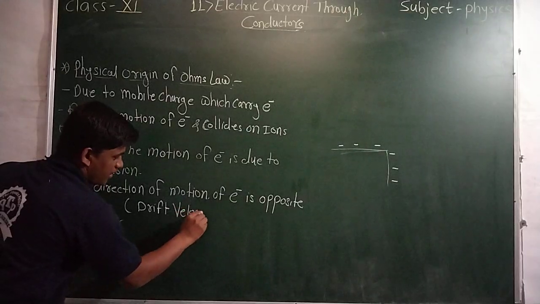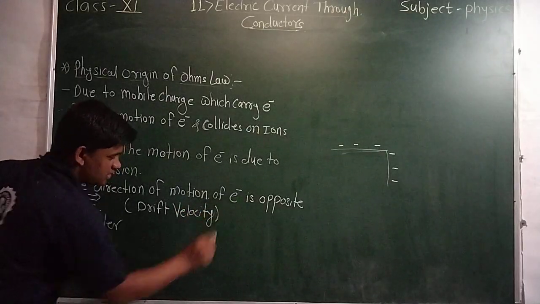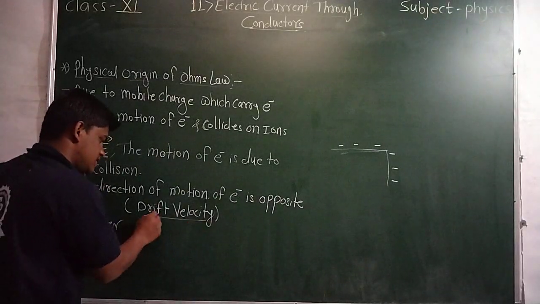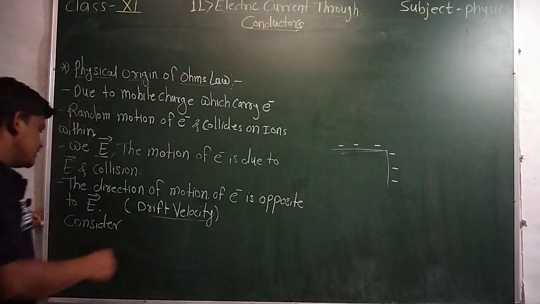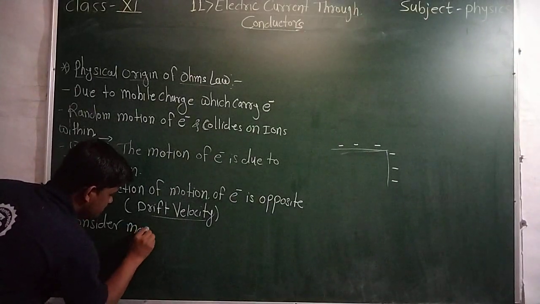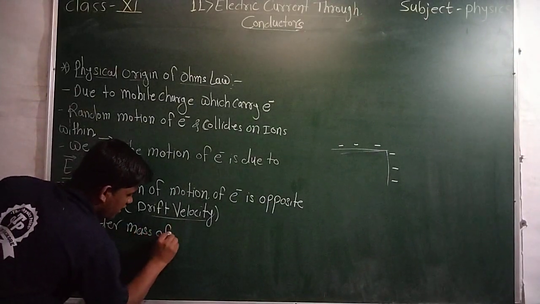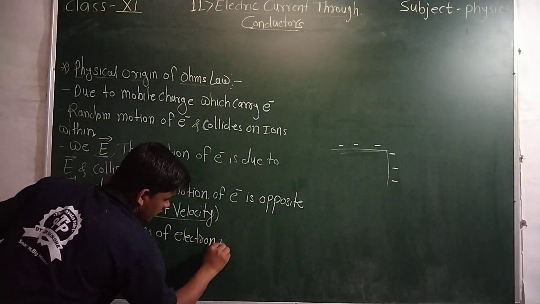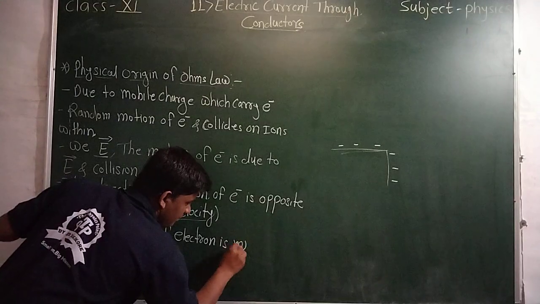This is another point we drew in the previous lectures. Then consider the mass of the electron is m.